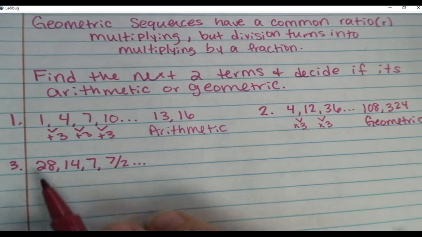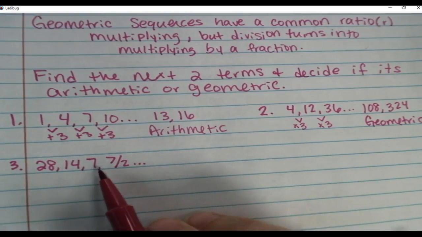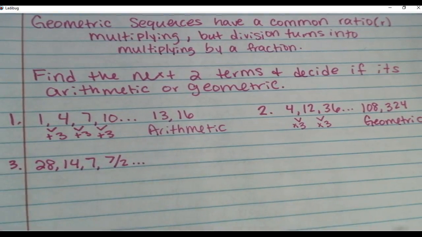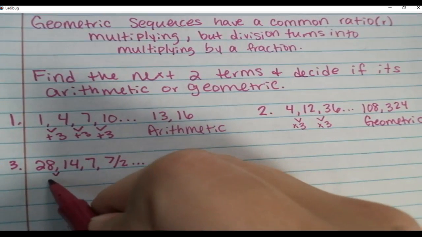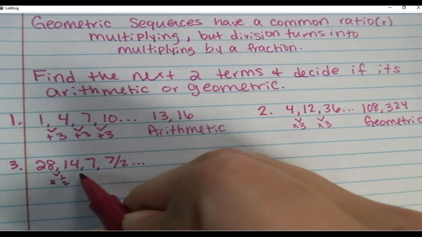So it's dividing by 2, but remember we don't want to divide, we want to multiply. So dividing by 2 is the same thing as multiplying by 1/2.